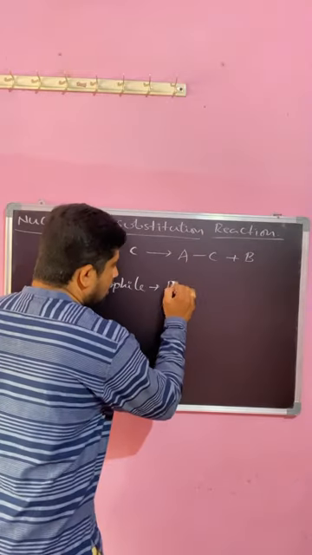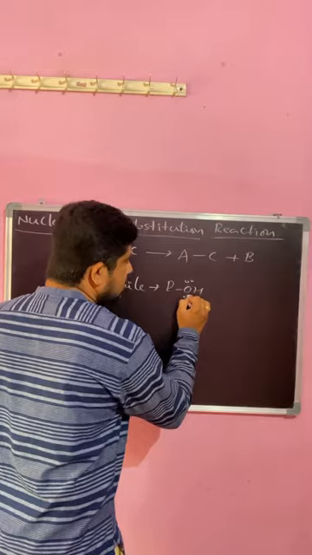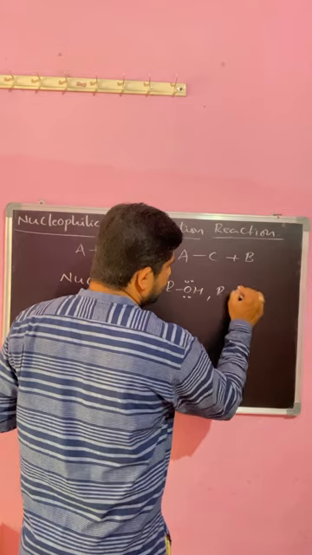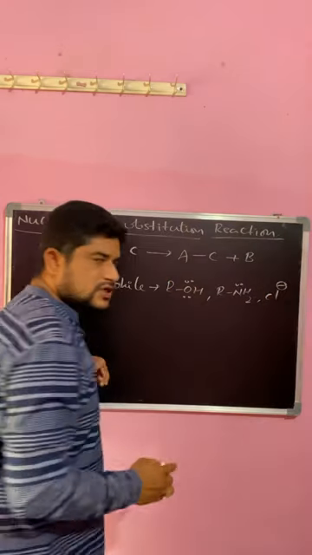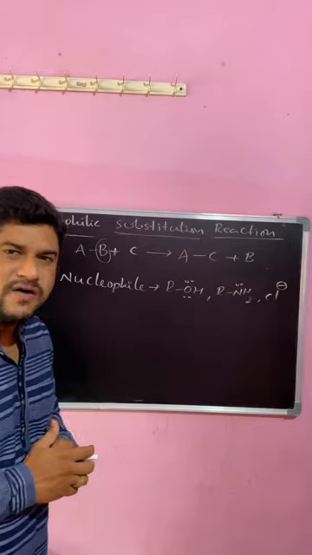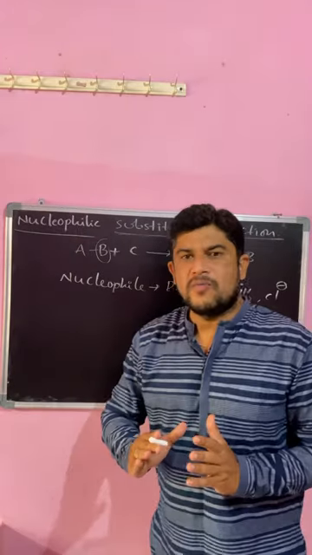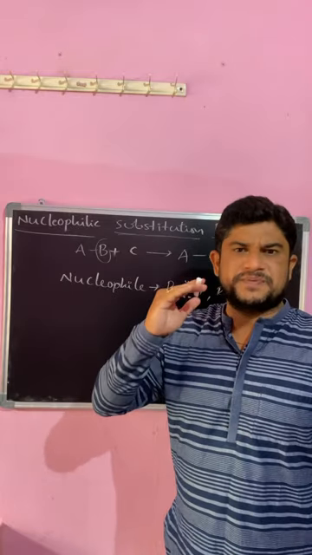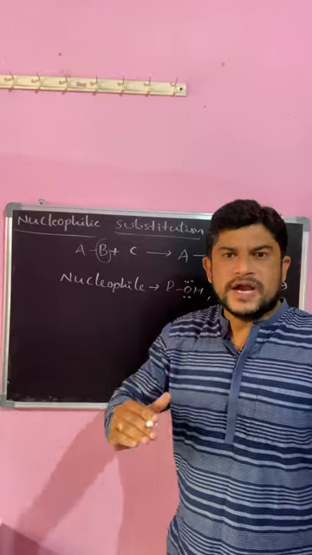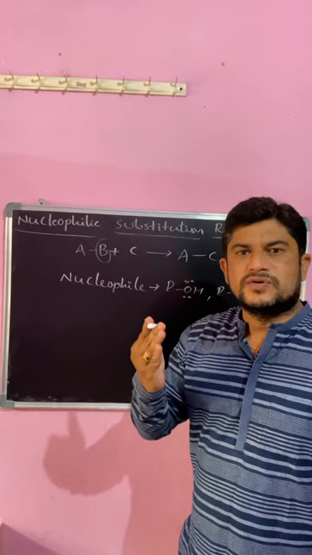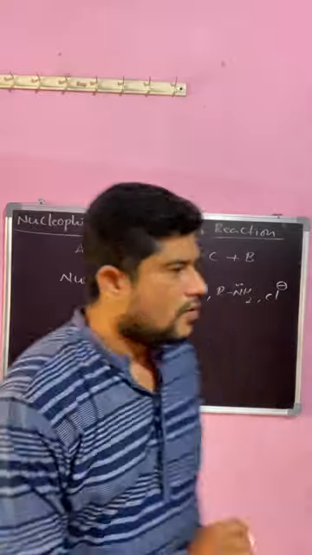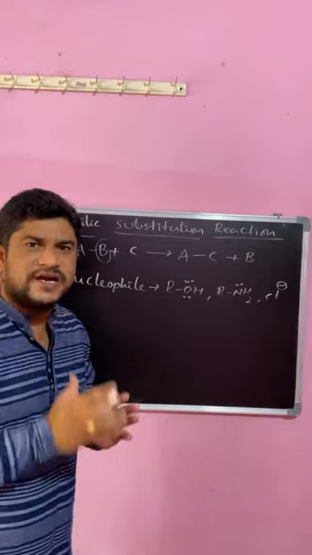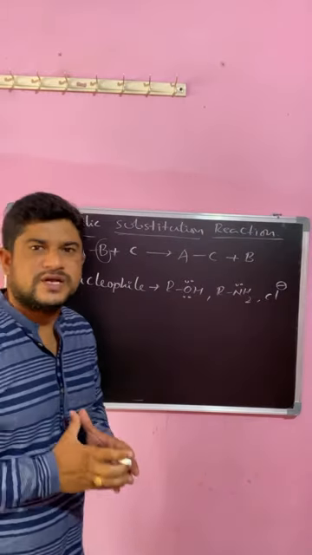For example, ROH, with electron pairs on the oxygen atom, RNH2, Cl minus, all negatively charged species. These are examples of nucleophiles.